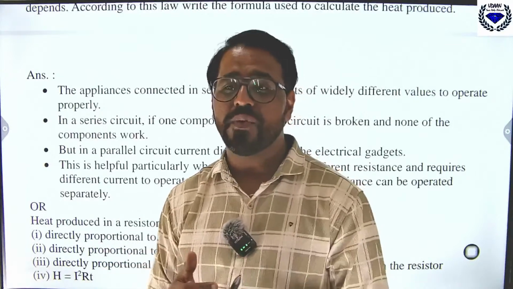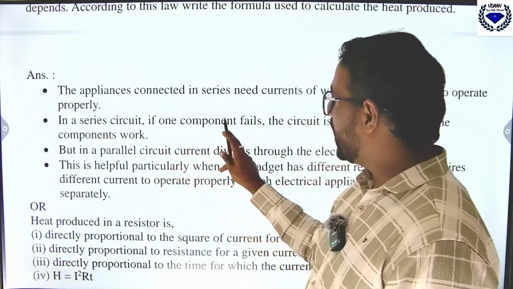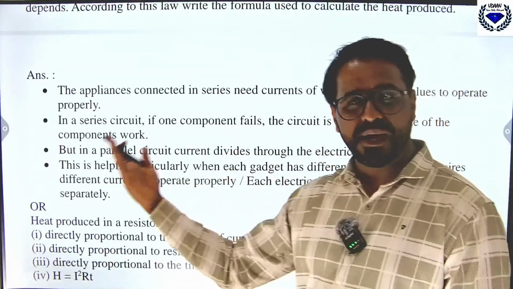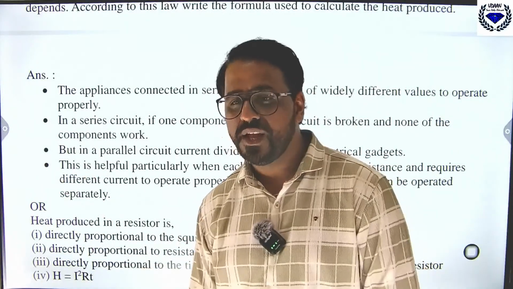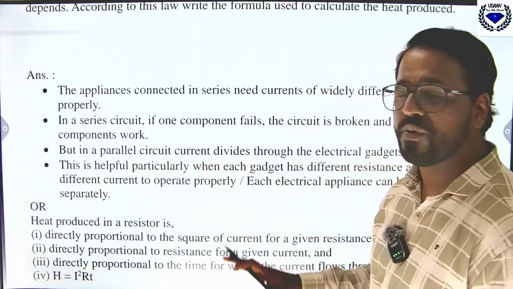Why will they not work? Because they are connected in series. In a series circuit, if one component fails, the circuit is broken and none of the other components will work. But in a parallel circuit, what will happen?